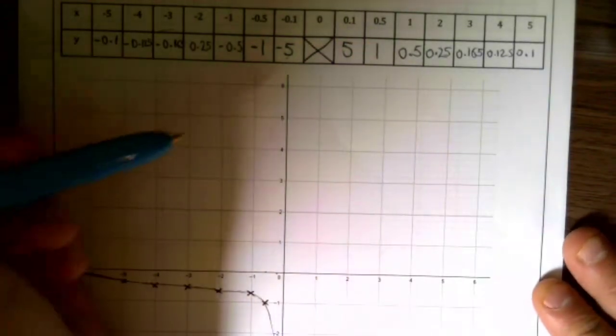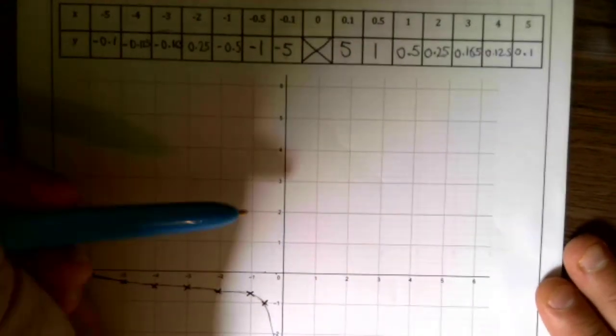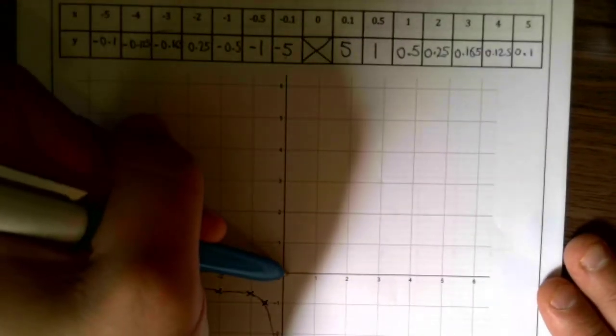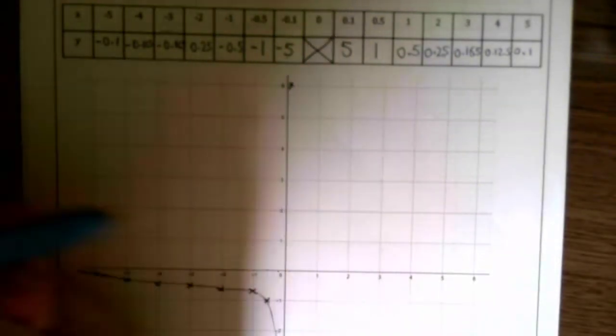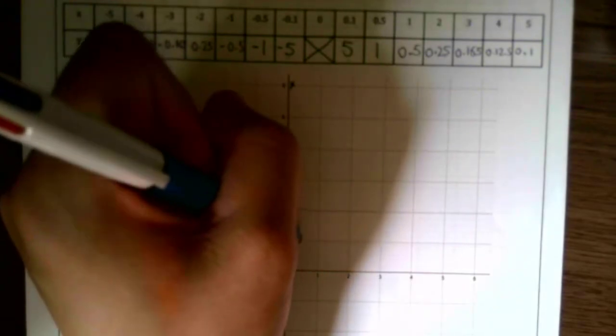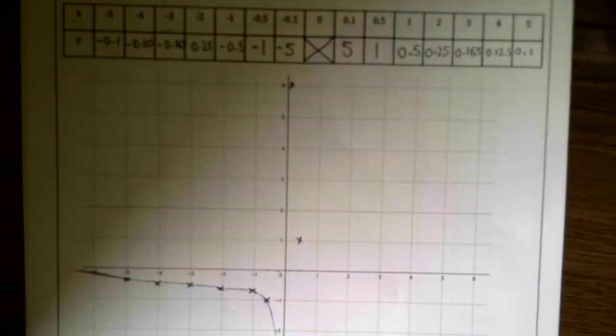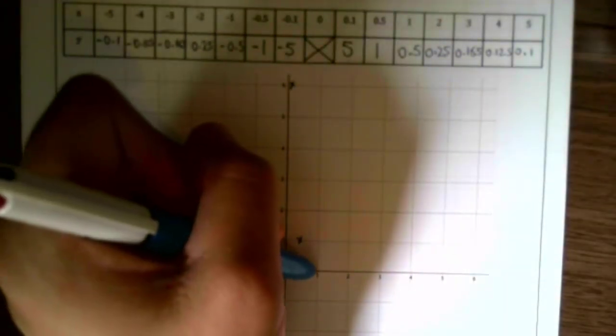So let's see if we're a bit more accurate this time. 0.15, so all the way up here. I'm going to put it right next to the line this time. 0.5, halfway between 0 and 1, and 1. 1 and 0.5.